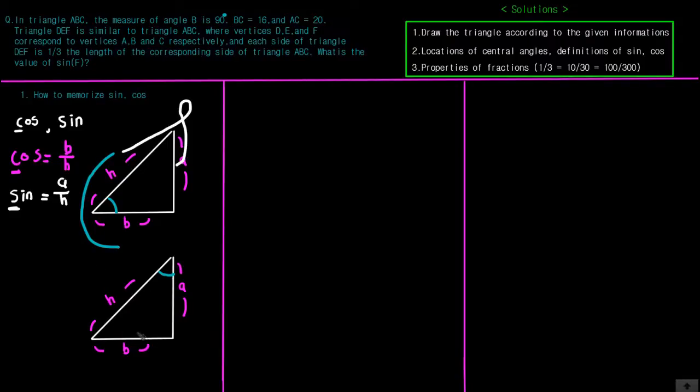The difference between this triangle and the previous triangle is that the central angle's location is different. That's why we say central angles are important in forming a trigonometric function. Let's think about cosine first. For cosine, we use C, and it should always be near the central angle. It always starts at the hypotenuse, which is H, and goes all the way down to A. So it will be H in the denominator, the starting line, and the ending line, A, in the numerator.